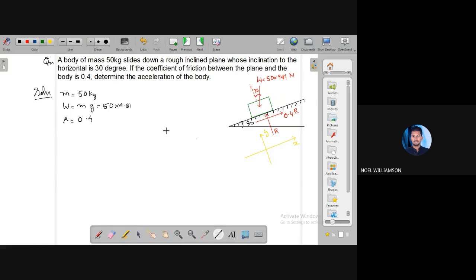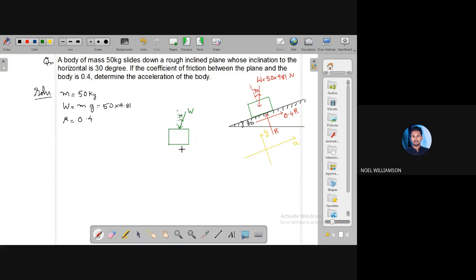So this is the body, the same figure, I just tilted. This is the weight acting, which is 50 into 9.81, at an angle of 30 degrees.